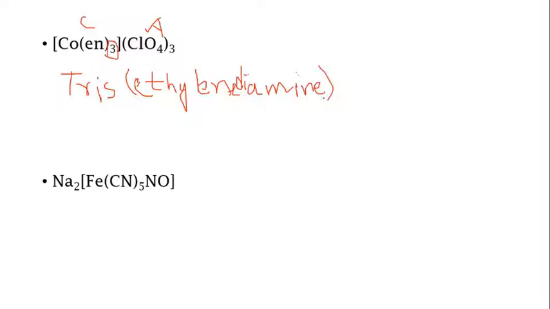Then you have the cobalt metal. So cobalt, because first you need to name the entire cationic part. So tris(ethylene diamine) cobalt.